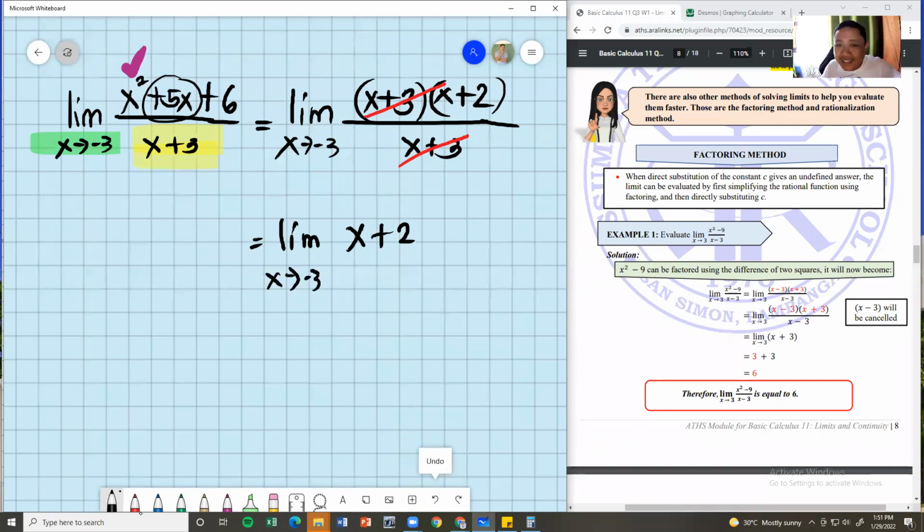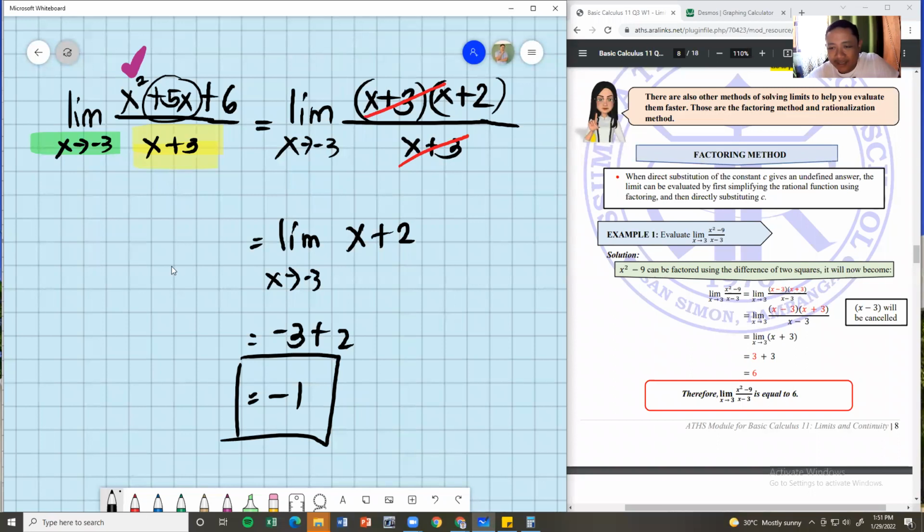Now that it's simplified, there will be no fear of having an undefined answer. So by substituting, we will have here negative 3 plus 2 is equal to negative 1. And that's the value for your limits. Can you follow? Show me a reaction if that's clear to you.